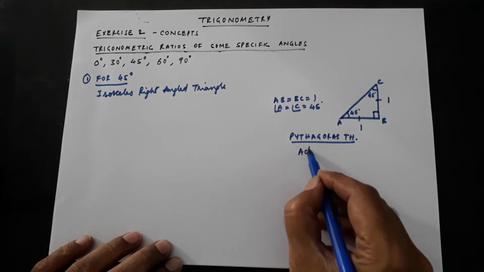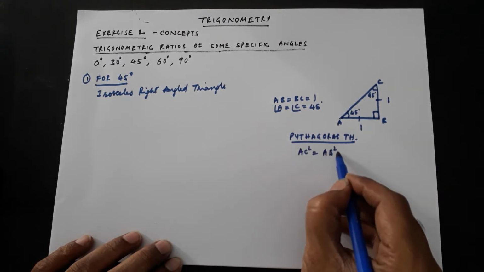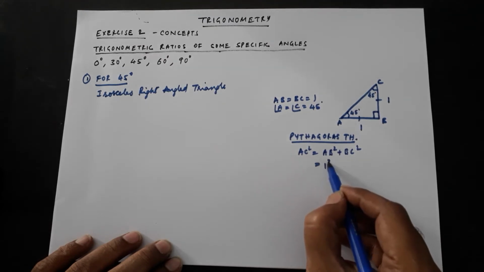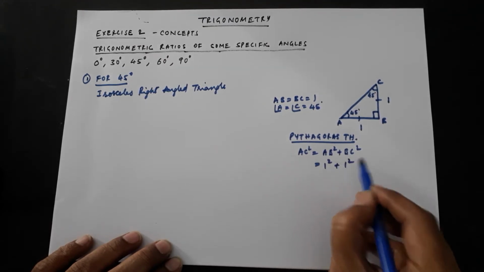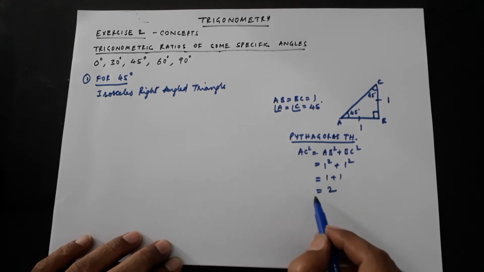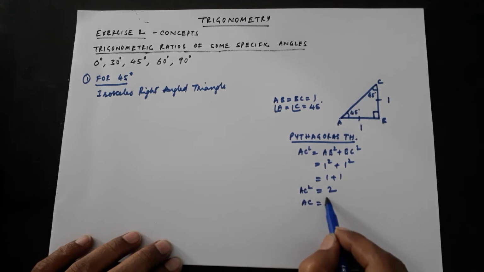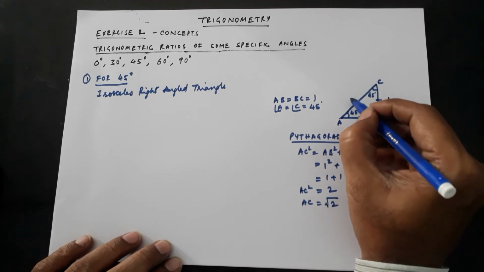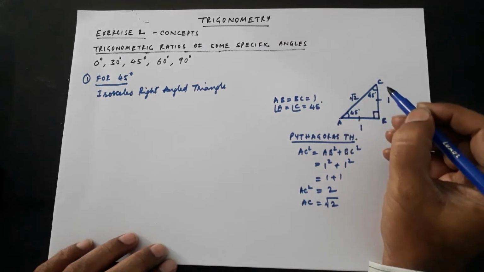We will have AC square is equal to AB square plus BC square. We have AB as 1 square plus BC as 1 square. So it will be 1 plus 1, 2. So AC square is 2. So AC would be root of 2. So this will be root of 2.